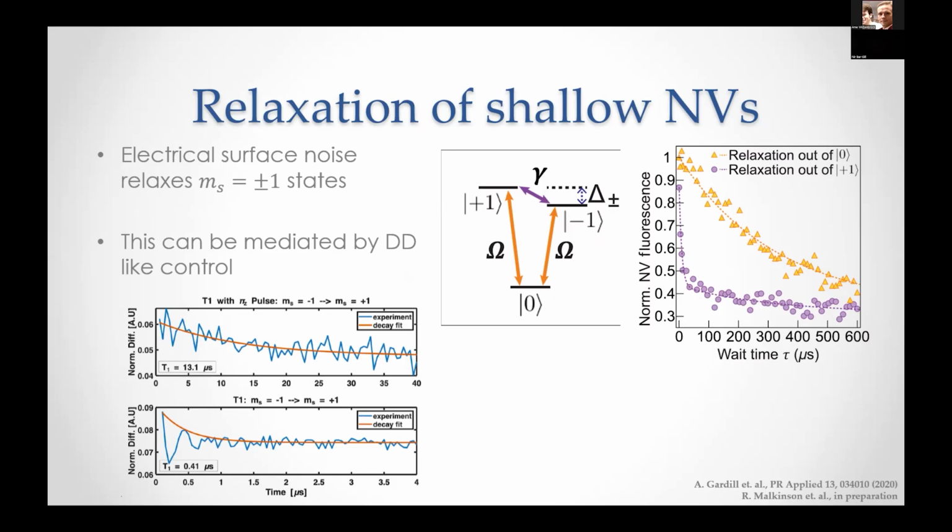So we can actually do echo on the relaxation process in the case where the noise is not very fast. There's no intrinsic reason why you cannot do this type of refocusing. Sometimes people call this dynamical decoupling on relaxation processes. People do this mostly on decoherence, but you can do this also on relaxation.